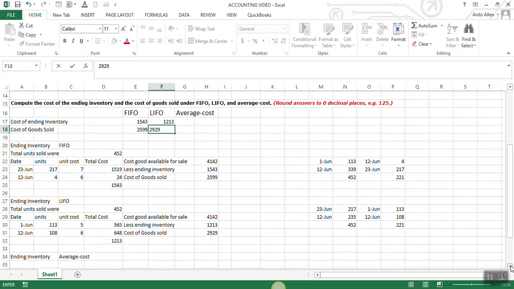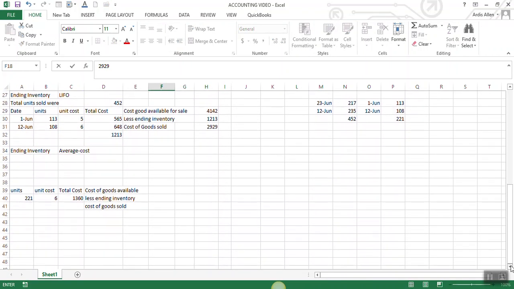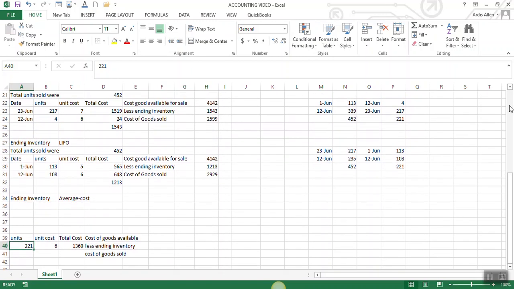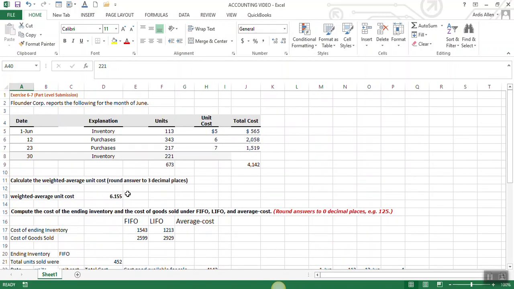The last part of the question asks us to do the average cost. To find the average cost is very simple. We take the ending inventory units and multiply them by the weighted average cost, which we had already established to be 6.155.